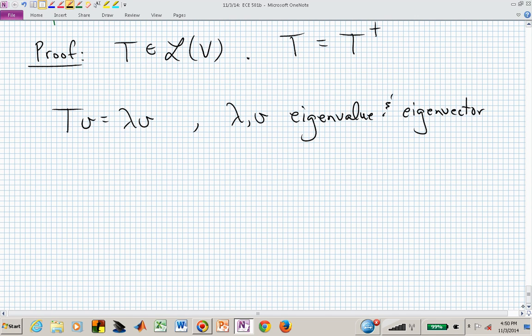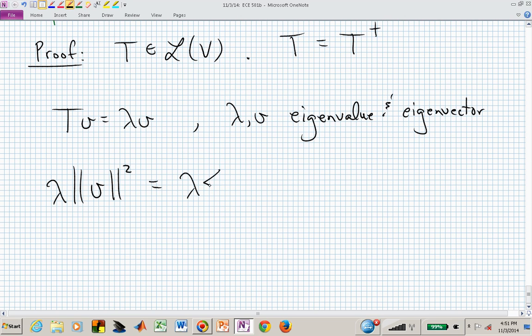Let's now look at what happens when we examine the norm squared of V scaled by the eigenvalue lambda. And again, the norm of V depends on the inner product that we're using for that norm. But we're not going to have to clarify that. This will be independent of the inner product that we select. But what's the norm squared of a vector? The inner product of V with itself.